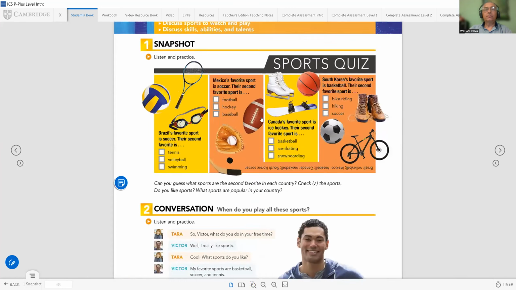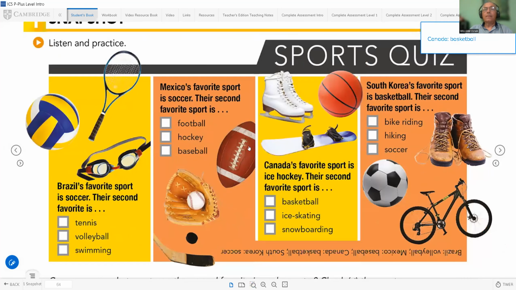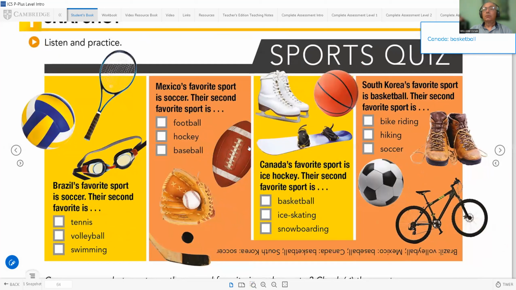Daria, can you read the first box? Brazil's favorite sport is soccer. Their second favorite, read the 3 options, please.